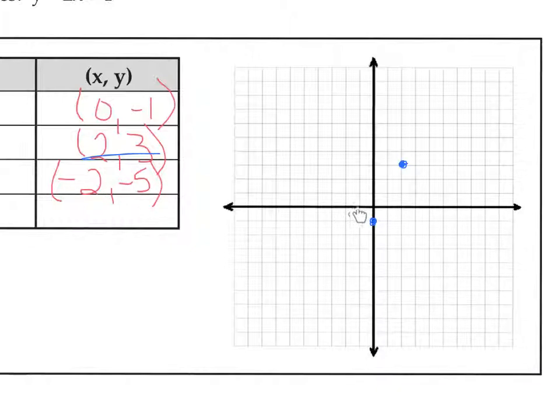So -2, that's to the left, and -5 is down. And that will be down there. And it does line up with the others. So when they line up, you know you did it right. If you're trying to freehand these, there we go, that wasn't too bad. Don't forget your arrows.